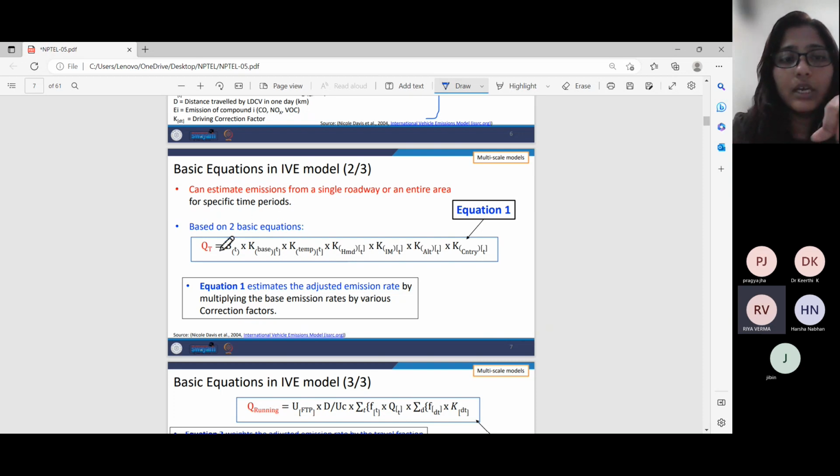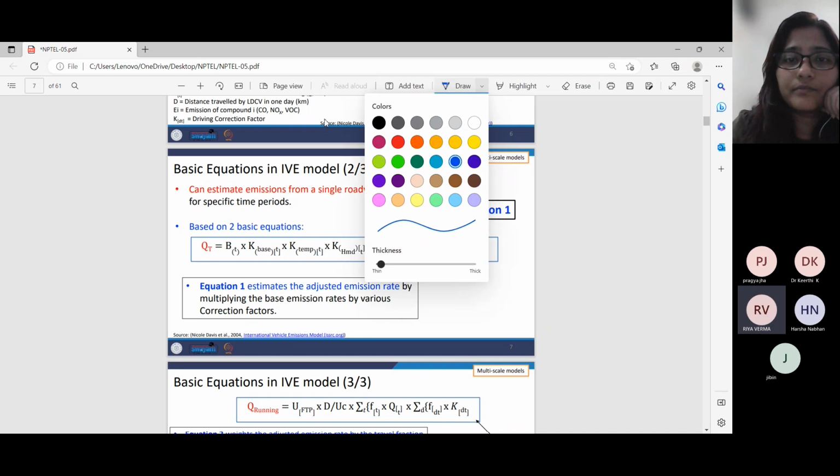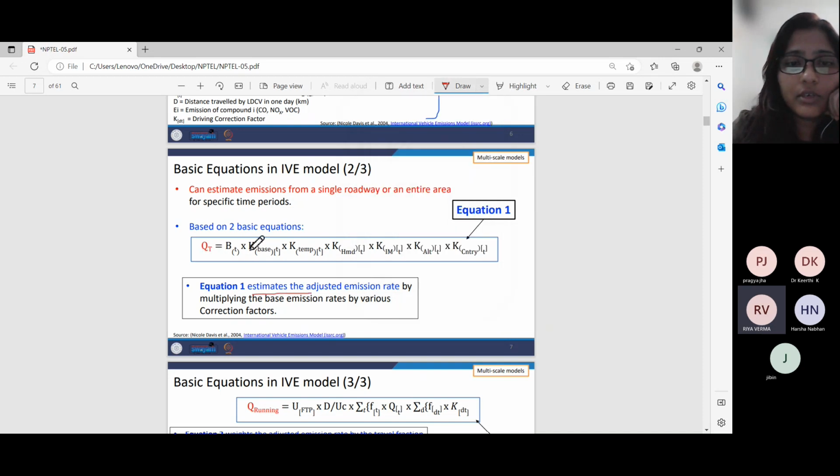This equation one estimates the adjusted emission rate by multiplying the base emission rates by various correction factors.